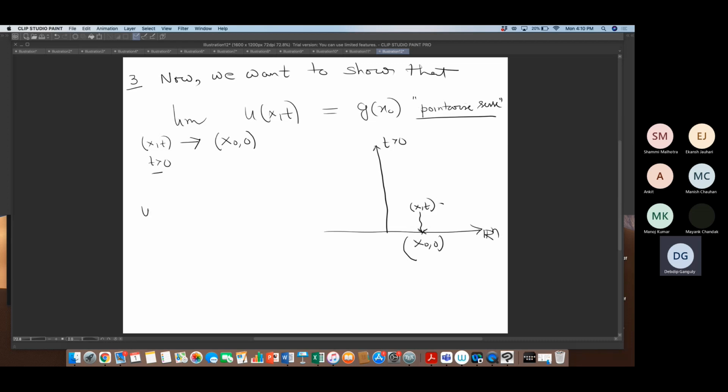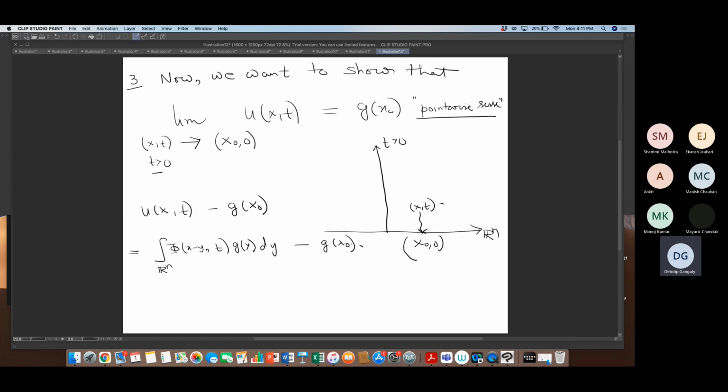So you have to take u(x,t) minus g of x naught. What is u(x,t)? This is the integral over Rn of phi(x minus y, t) g(y) dy, minus g of x naught.